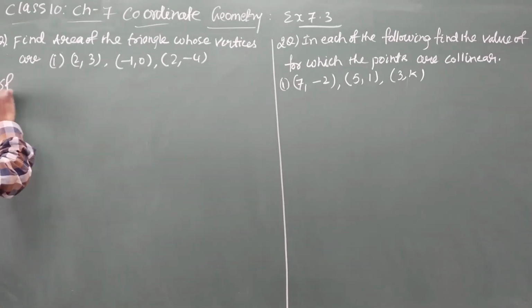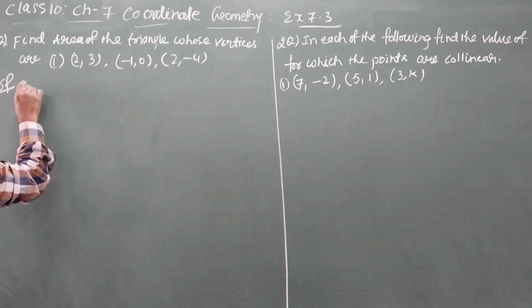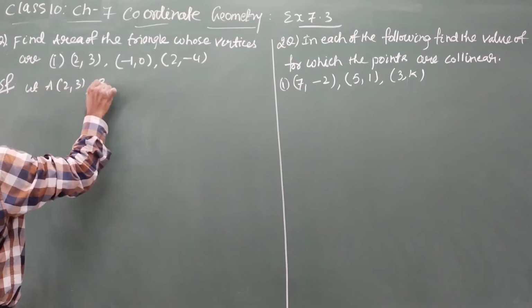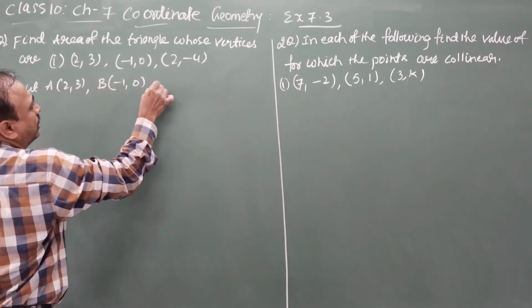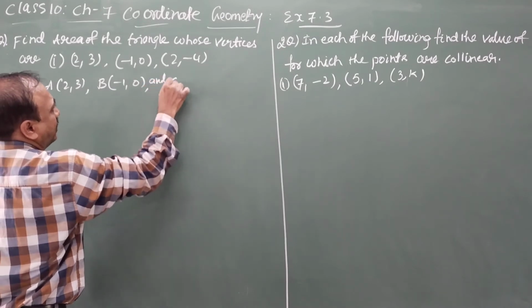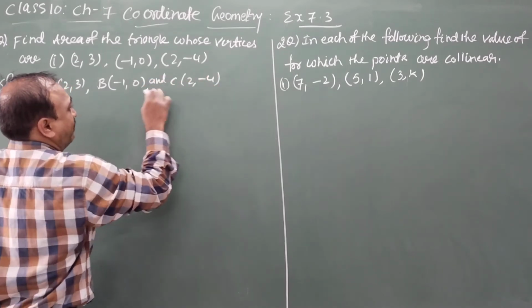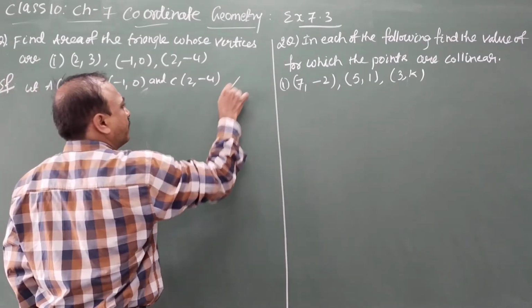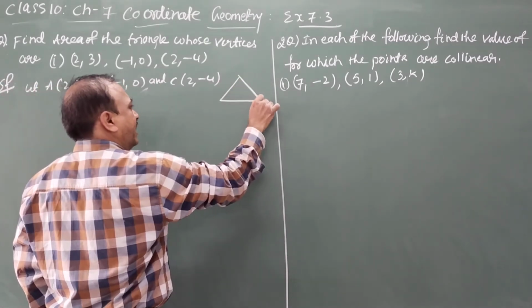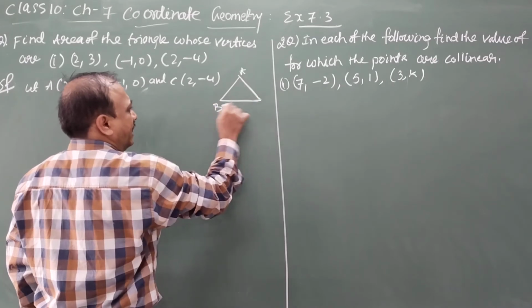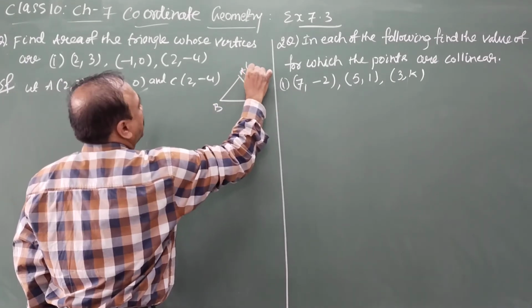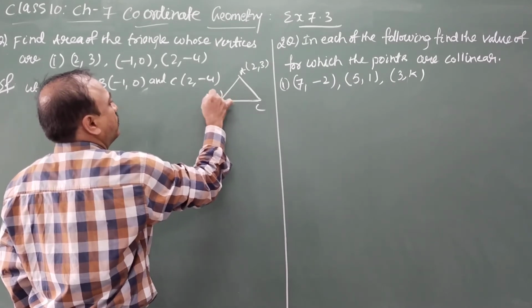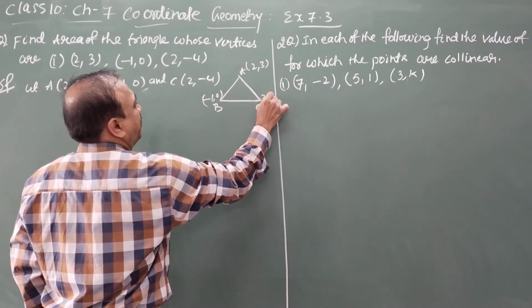So let the coordinates be A (2, 3), B (-1, 0) and C (2, -4). Even without assuming this we can write it down, but we are just writing it as a formality: ABC is a triangle with A (2, 3), B (-1, 0) and C (2, -4).